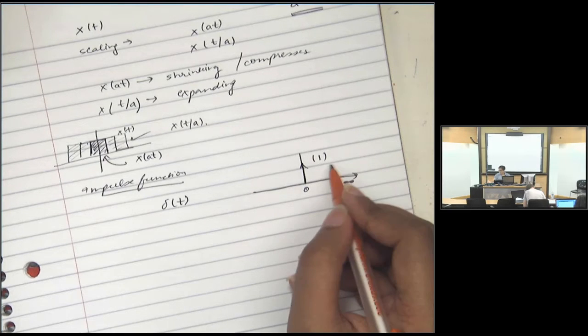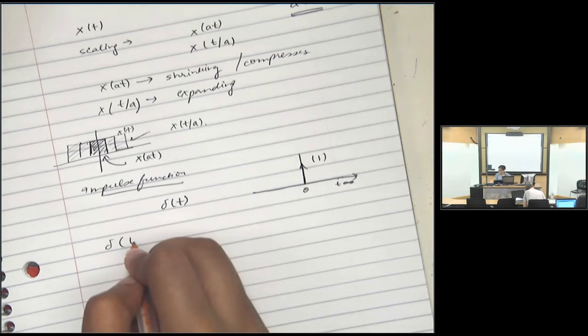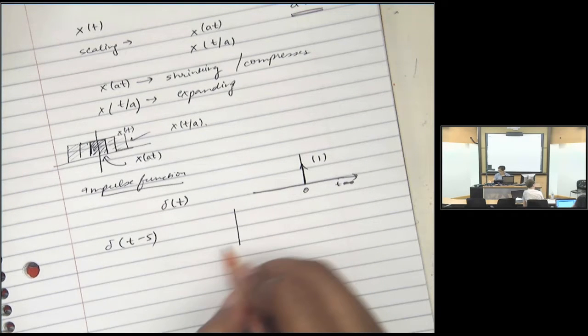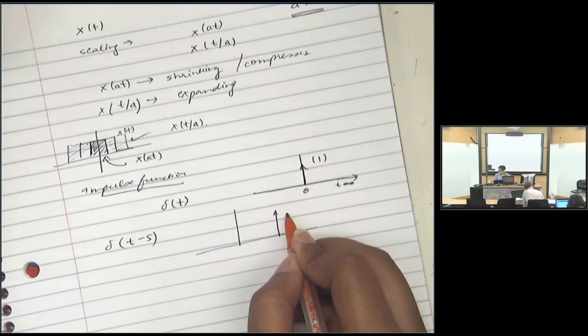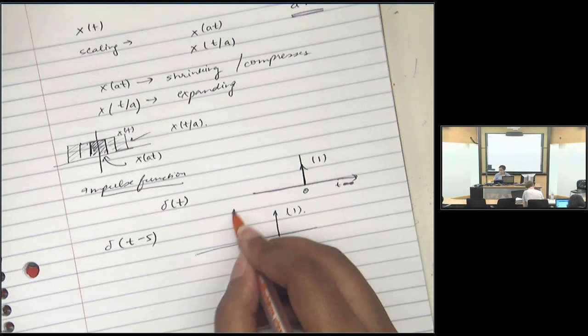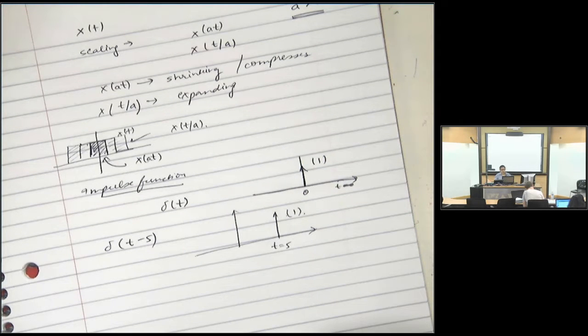Now you can shift this at any point of time. So let's say we'll go to del t minus 5. So the pulse will now be centered at t equal to 5 and the area will still be 1. Okay. So always remember that the area under an impulse is 1.